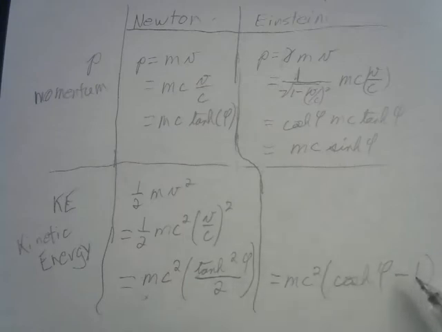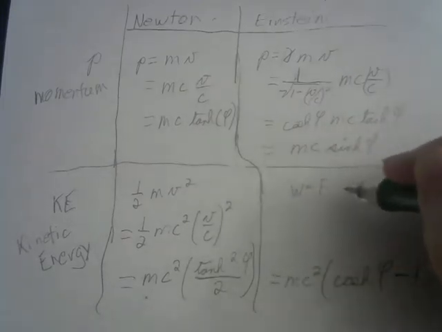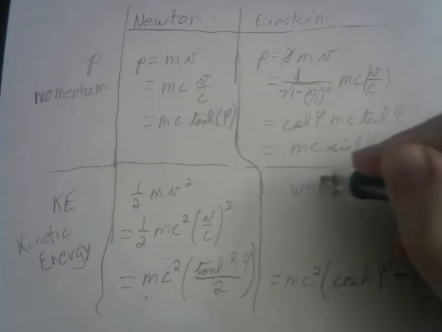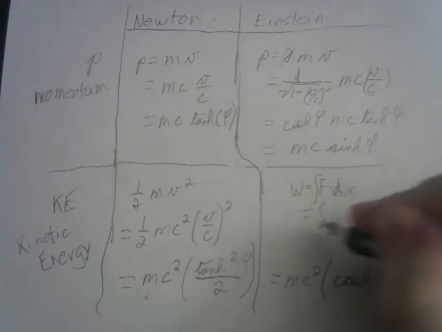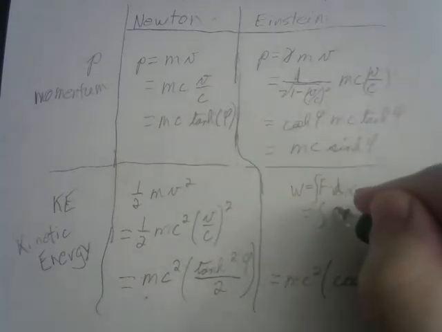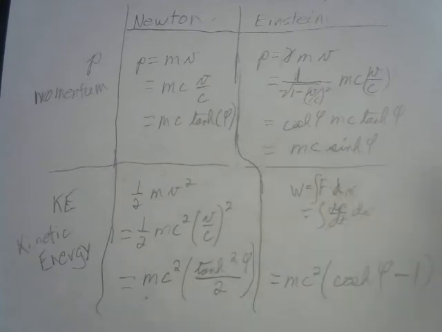So when you work out the integral of work equals force dot dx, the integral of force dx, where force is equal to dp dt, when you work out that integral, this is what you get.